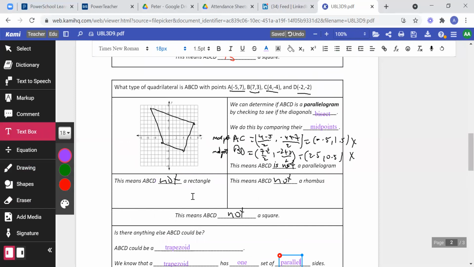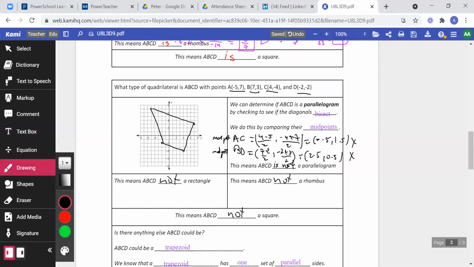This is A, B, C, D. Let's look at the slope of AB and the slope of DC. If they are the same, then we can say the two lines are parallel. And if the two lines are parallel, then we can definitely say that this is a trapezoid, okay? Because a trapezoid has only one set of parallel sides. As you can see, AB goes downward, DC goes downward, so the slope is going to be negative. Then let's see if they are the same.